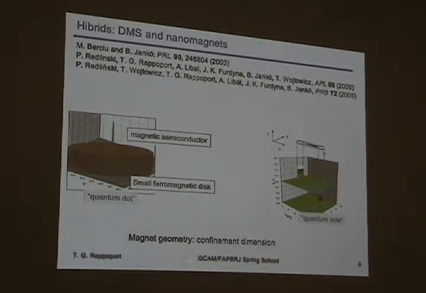So depending on the geometry of the magnet, you have a different confining dimension. This is something like a quantum dot, and this is something like a quantum line, but for spin polarized carriers. Okay. So this is the basic idea of using these hybrids.